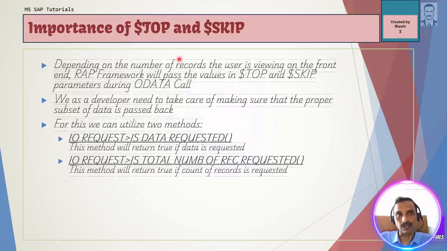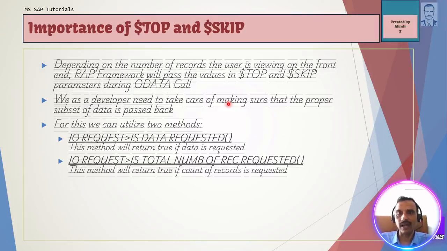These are very important things, and that is why, as we saw in our last session, we had not implemented $top and $skip. As soon as we implemented those methods, our query started running and we were able to get the data.